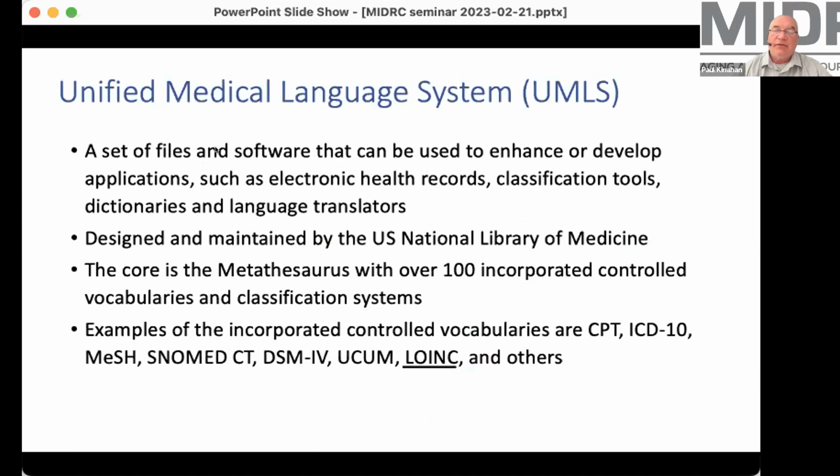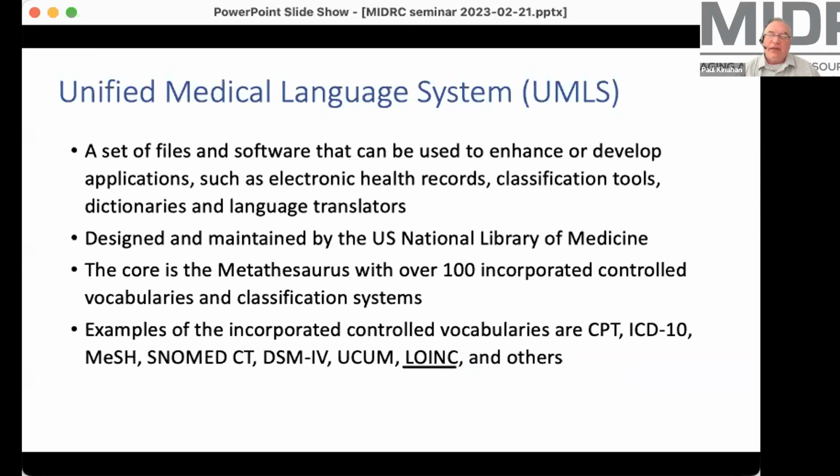But to back up a second, because as I mentioned, one of our goals was not to invent a new standard, but rather adopt one that was sustainable. And LOINC meets that because it's recognized by something called the Unified Medical Language System, maintained by the National Library of Medicine.